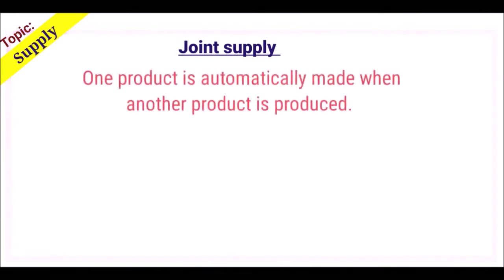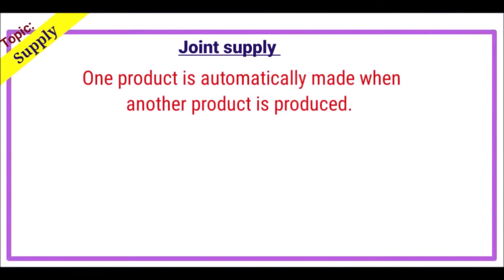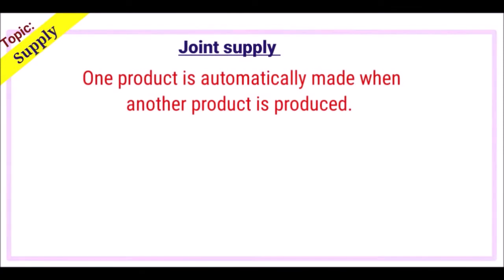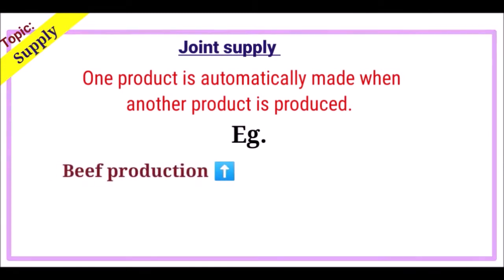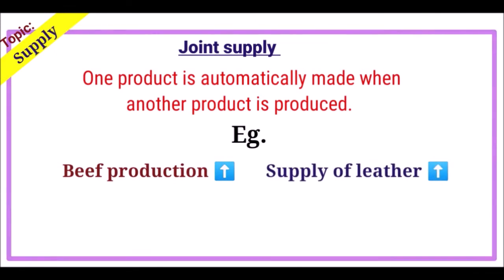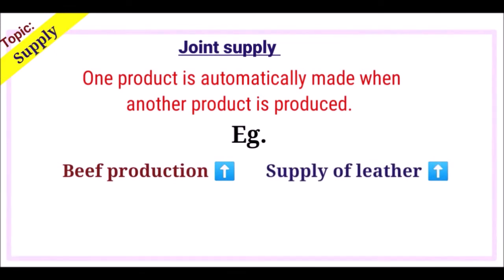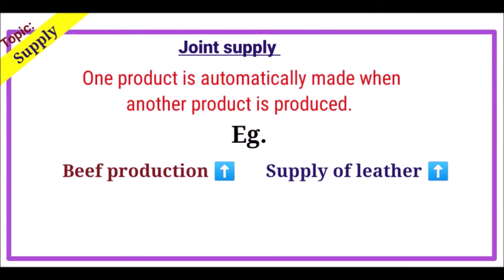This means that one product is automatically made when another product is produced. For example, when more beef is produced, more skin will be available to be turned into leather. So, the supply curve for leather will shift to the right at any price.